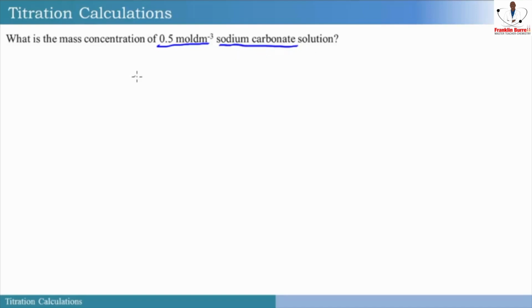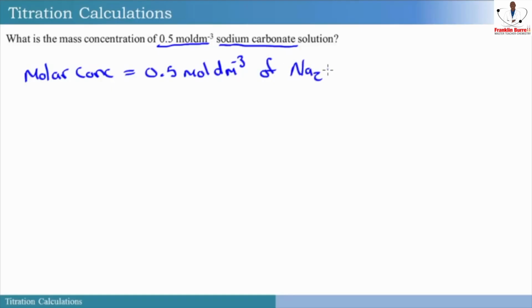So we have the molar concentration, which is equal to 0.5 moles per dm cube. And we know that we're looking at sodium carbonate. So that's Na2CO3.